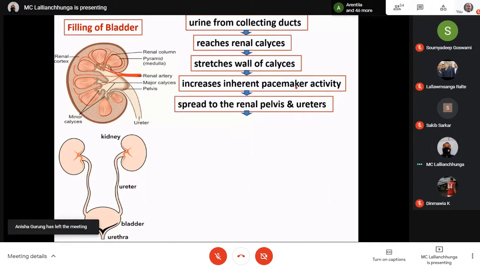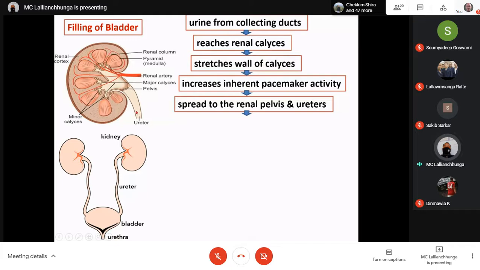Okay, and this pacemaker activity or action potential will spread to the renal pelvis and ureters. Okay, so this is the renal pelvis or the upper part of the ureter, and that stretching of the wall will also lead to increased pacemaker activity in the ureters.